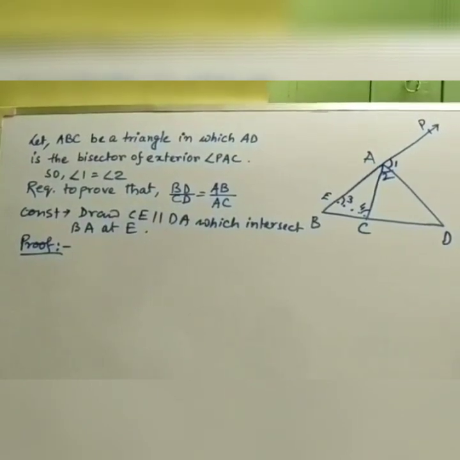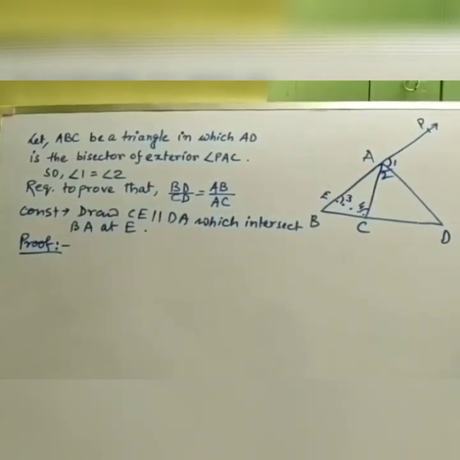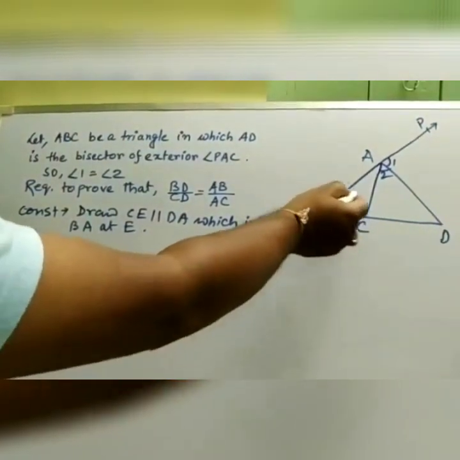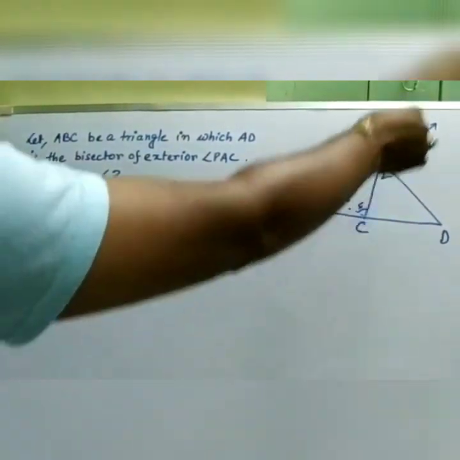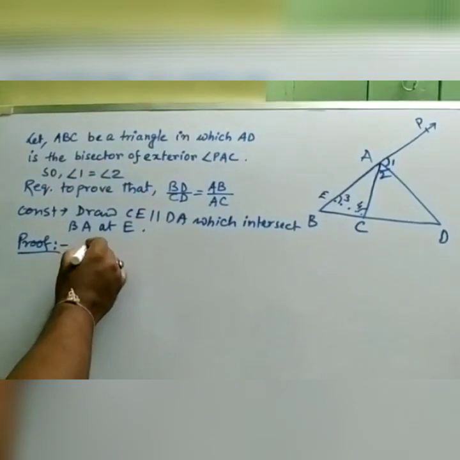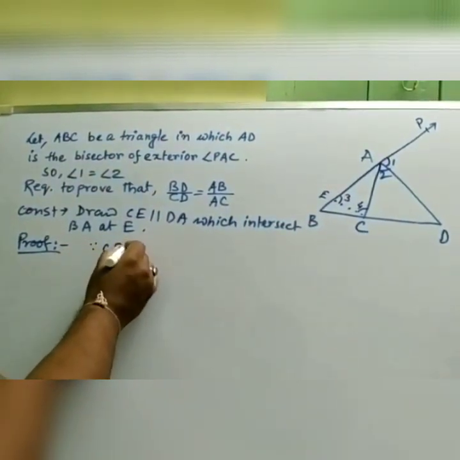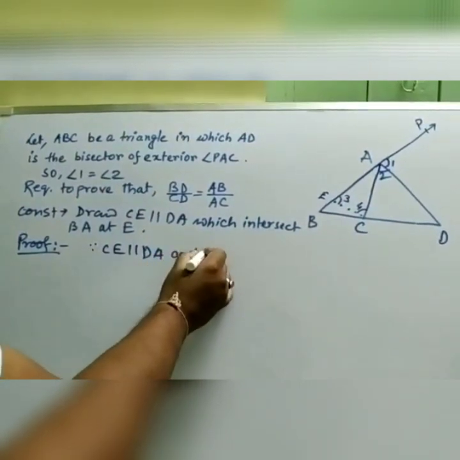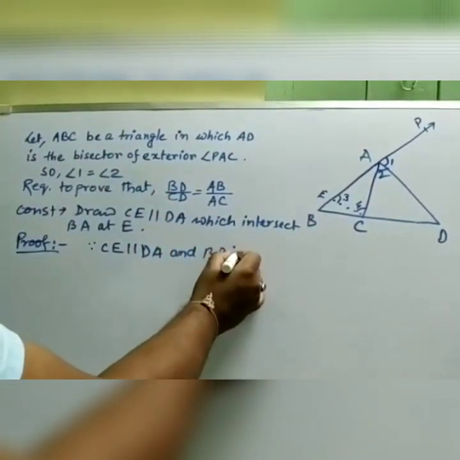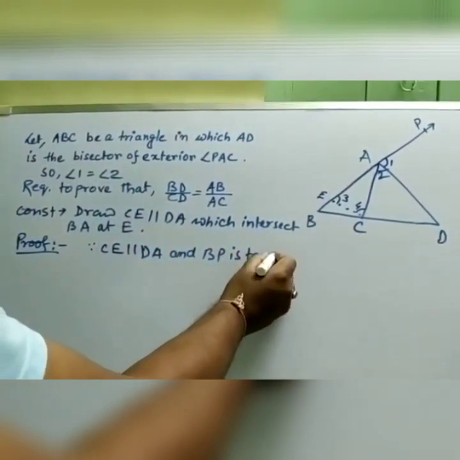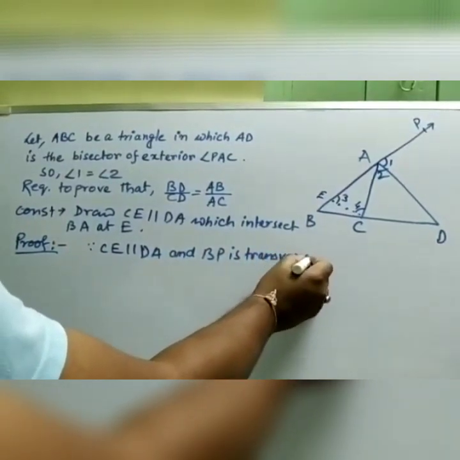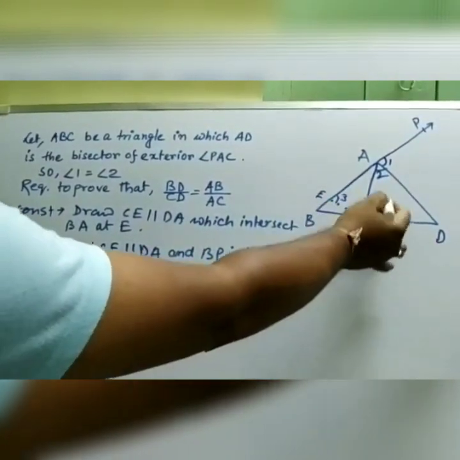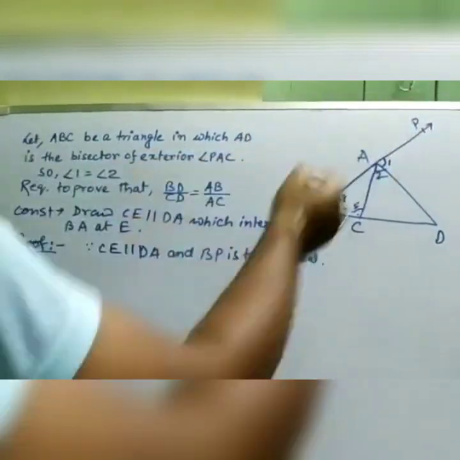Here also we'll take the alternate angles and the corresponding angles. You can see the two lines CE and DA are parallel, and this BP is the transversal. Since CE is parallel to DA and BP is a transversal, like the earlier one, so you can see these are parallel and this is the transversal.